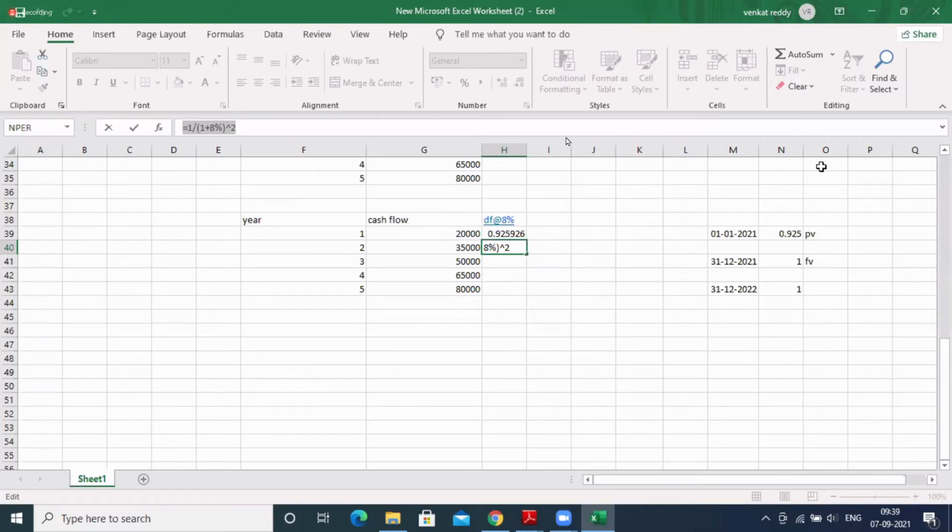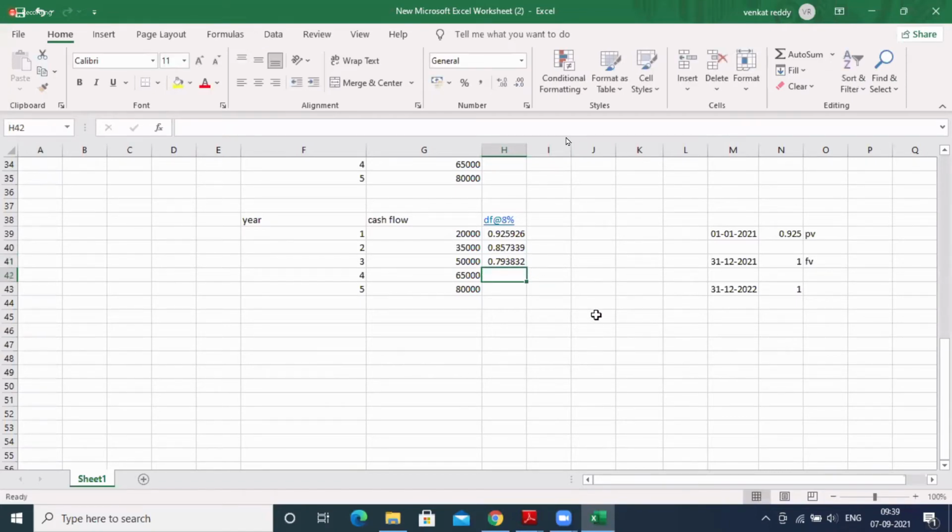Now, how to calculate for the third year? So first 2 years I calculated the present value. Now, how can I go with the third year? One divided by 1 plus 8%. Now we are calculating for the third year, so go to the power of 3. So it is 0.79.